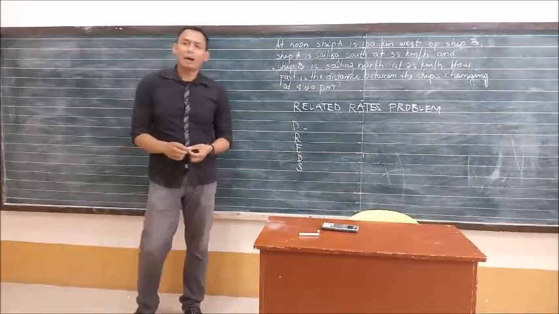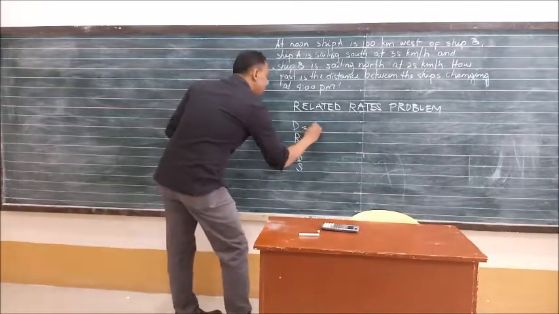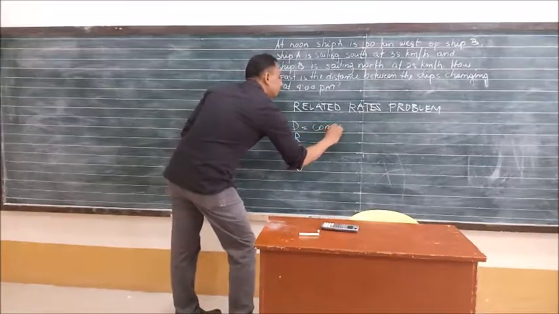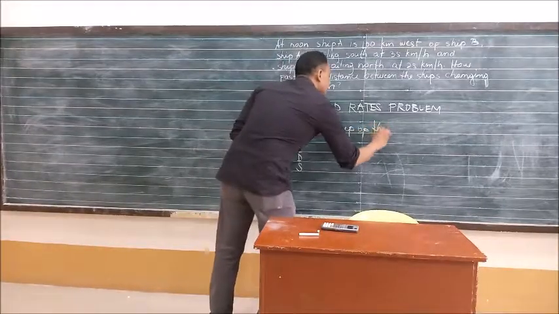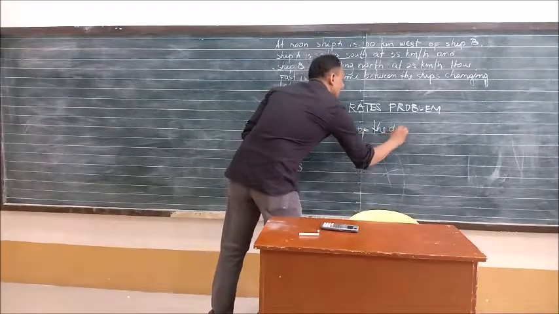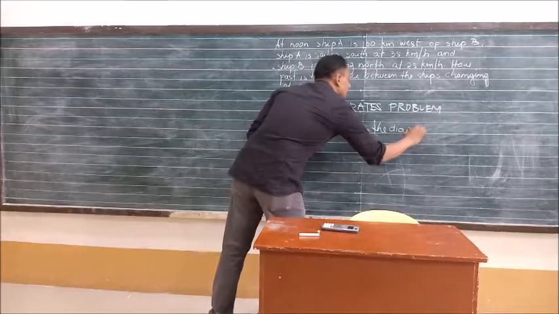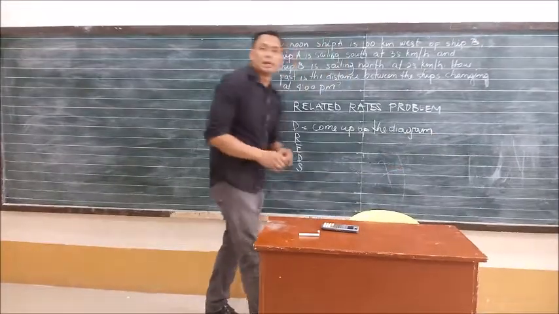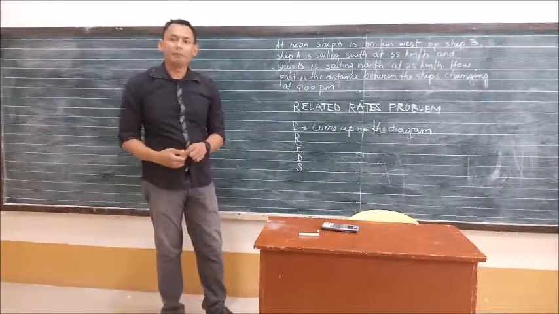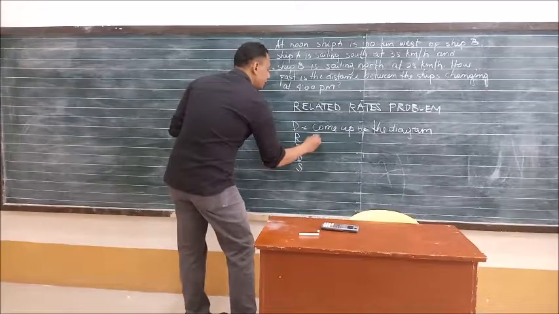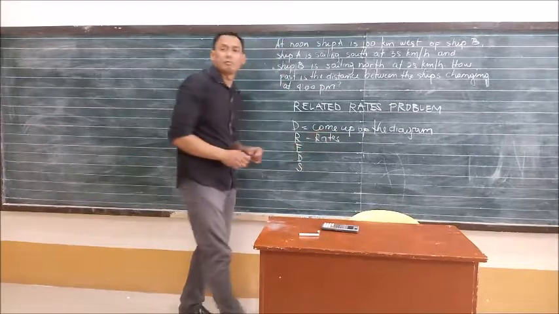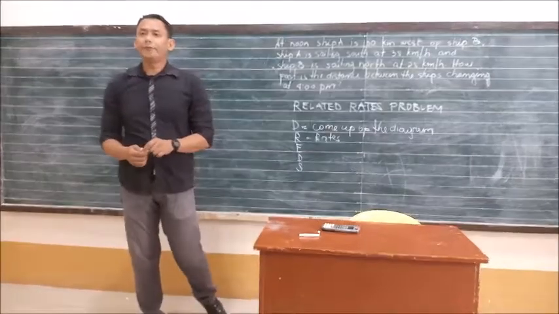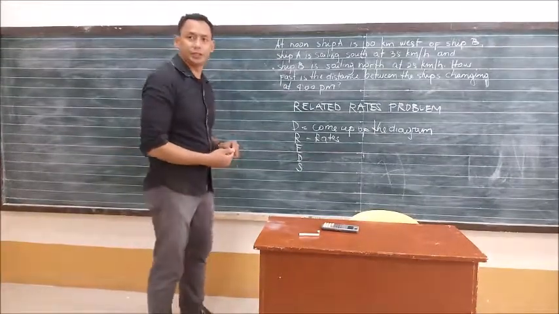D: come up with a diagram. Then R: label your rates. And E: find an equation for that certain problem.